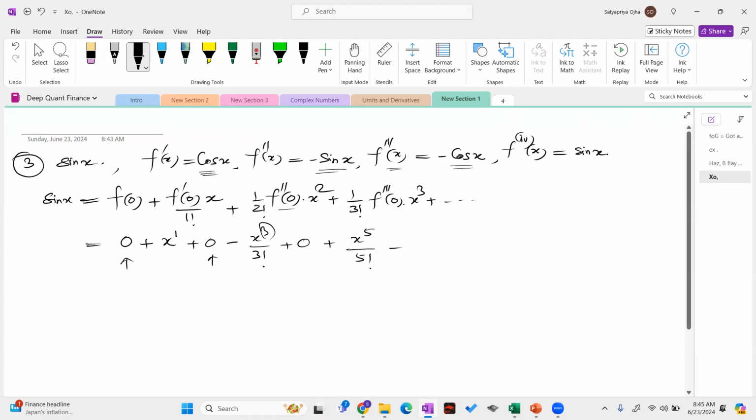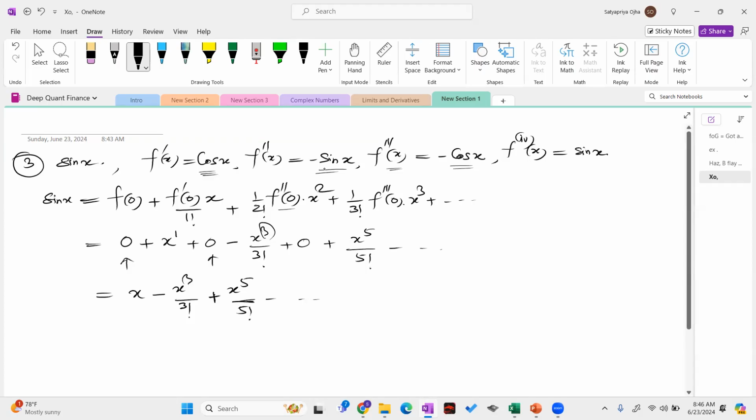I leave the expansion for cos x to you. You'll see that all the even powers would be retained and all odd powers will be zeros. So just to clean it up, we get x minus x cubed by 3 factorial, alternate sign, plus x to the 5 by 5 factorial, minus, and it goes on.